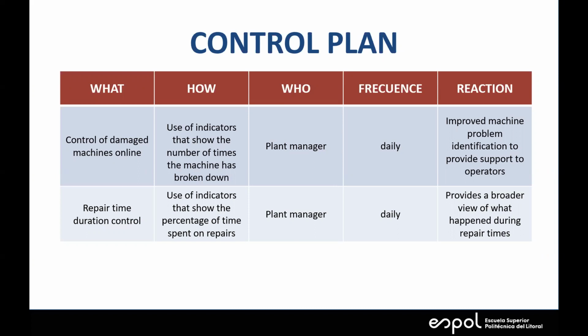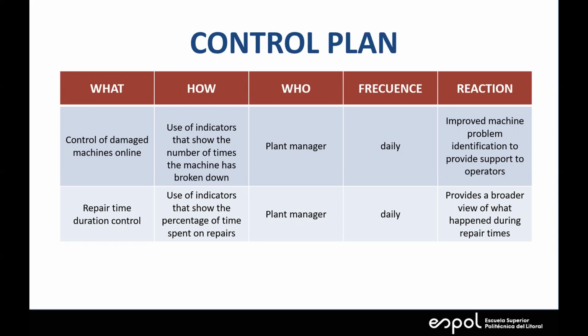The control plan: we have two ways of controlling the process. The control of machine damage online, and the repair time duration control. In the first, we use indicators that show the number of times the machine has broken down, released to the plant manager with a daily frequency, and the reaction is machine problem identification to provide support to operators.